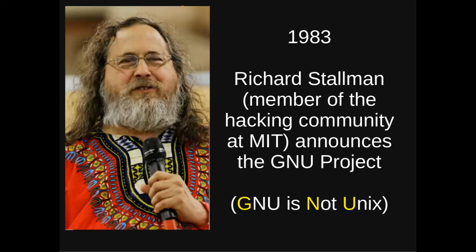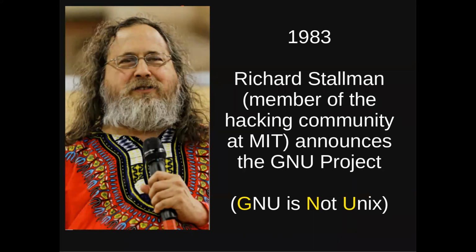So in 1983, Richard Stallman, who was a member of the hacking community at MIT, announced the GNU project. Now, GNU stands for GNU is not Unix. Computer scientists, and I include myself as I am a computer scientist, have a slightly odd sense of humor, particularly when it comes to recursion, and they like to name things recursively.